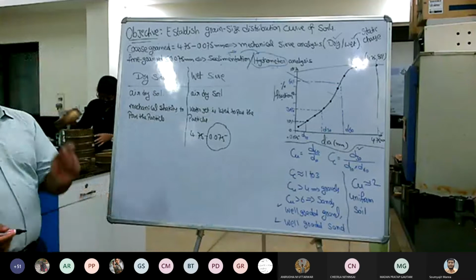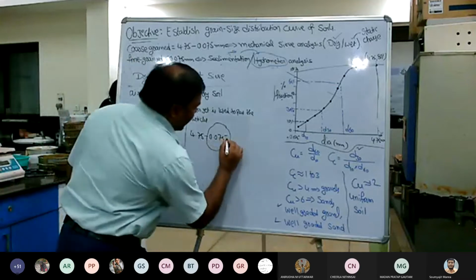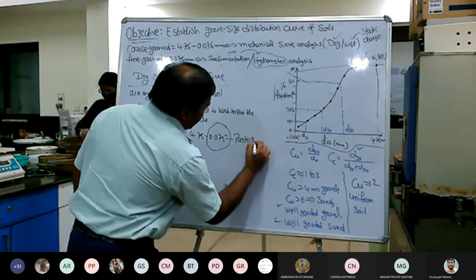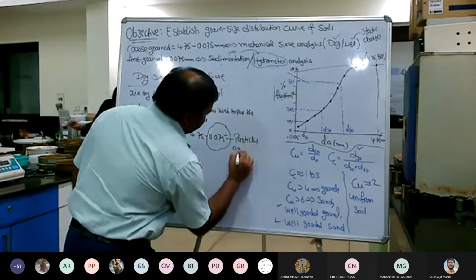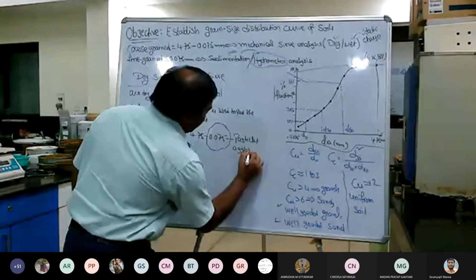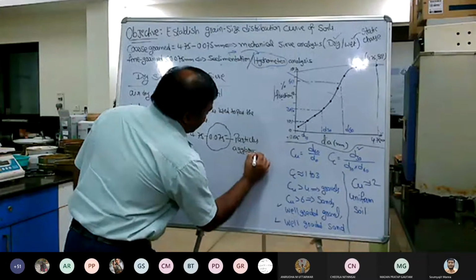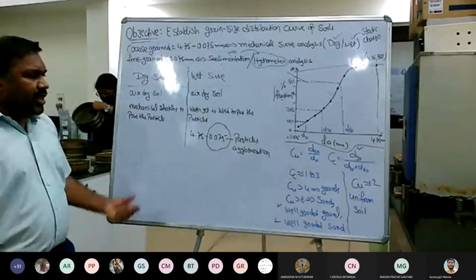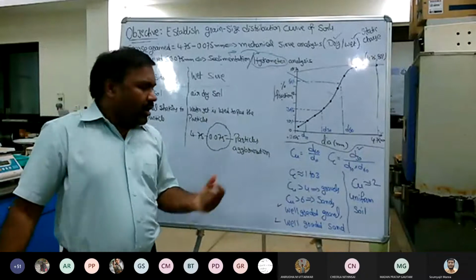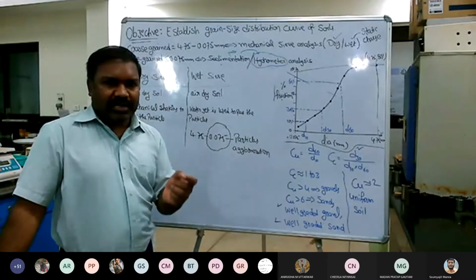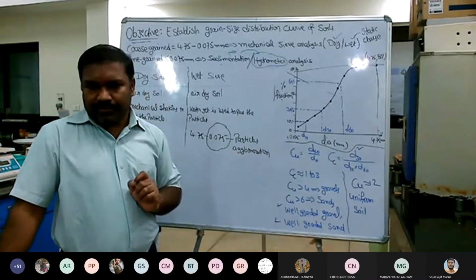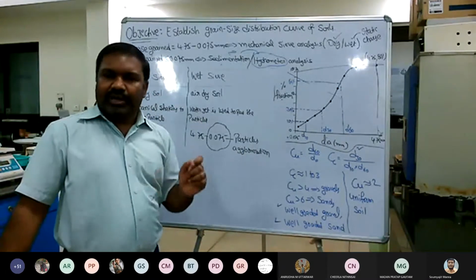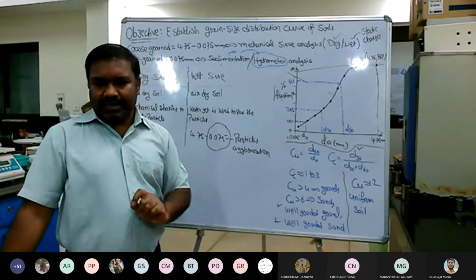So there is a possibility of particle agglomeration, that means a certain number of particles are agglomerated together representing a single particle, which is realistically not correct.